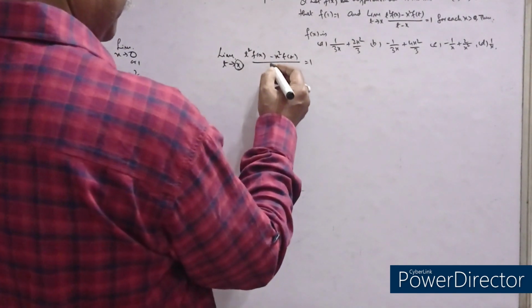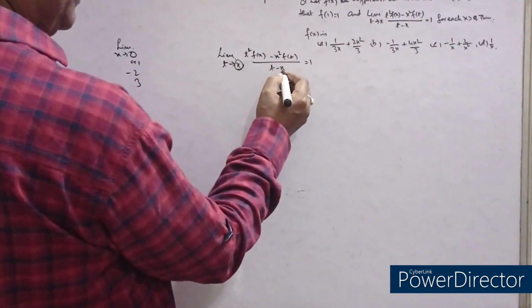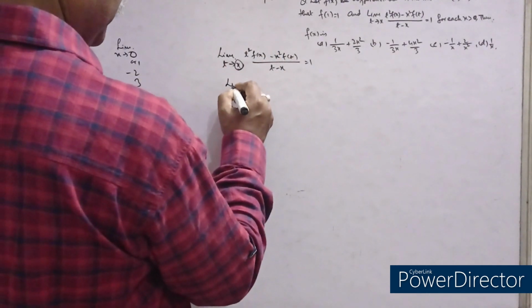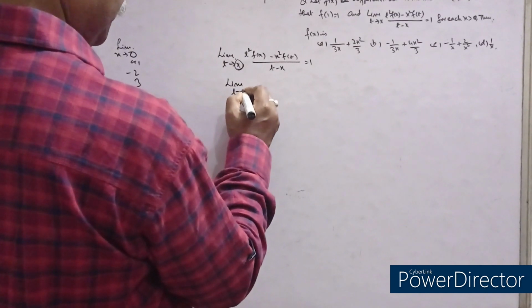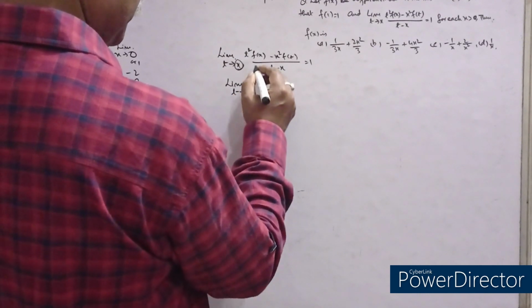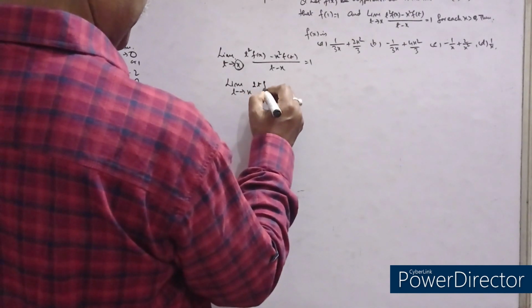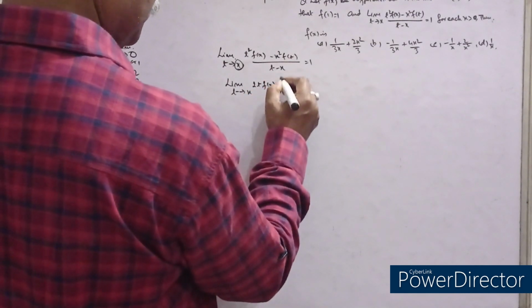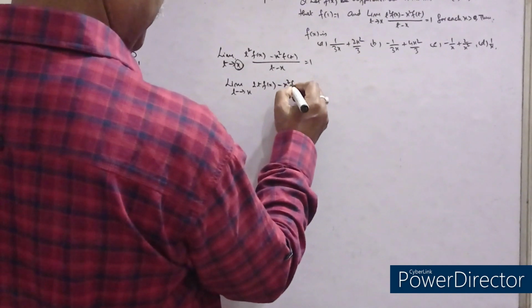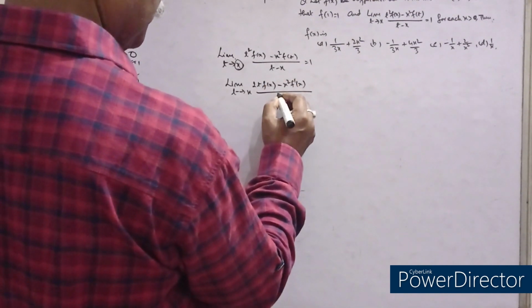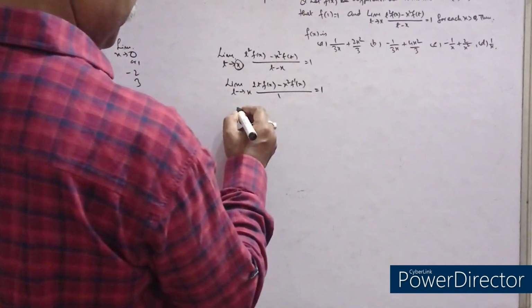Because this is of the form 0 by 0, we are going to apply L'Hospital's rule. So limit t tends to x, this is your constant, this is your variable: 2t f(x), and this is your constant, and this is f dash t, and here the denominator becomes 1, equal to 1.